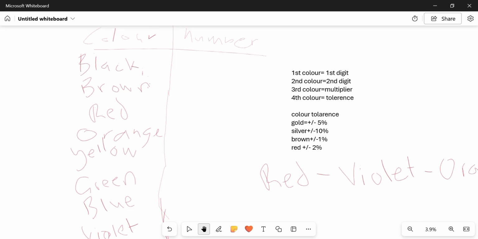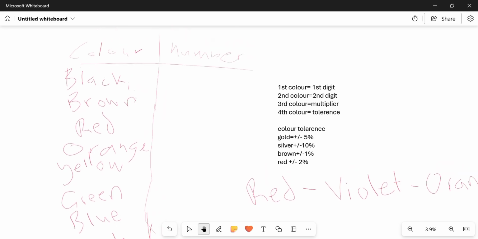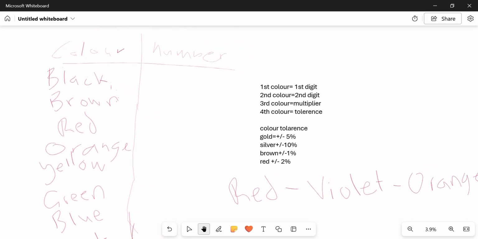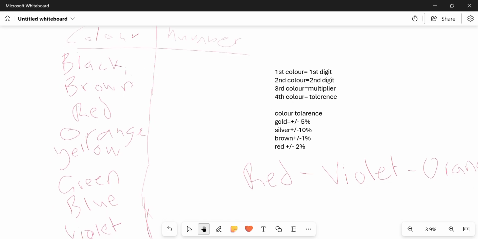In the color codes table, the first color is the first digit, the second color is the second digit, the third color is the multiplier, the fourth color is the tolerance. What is the tolerance? The tolerance is how accurate the resistor value is.